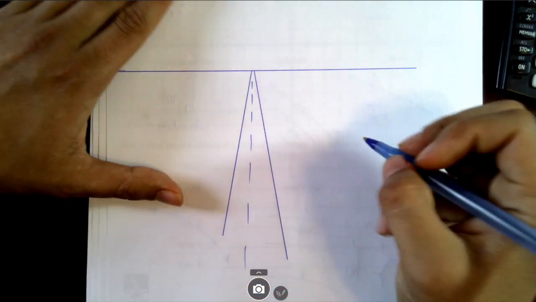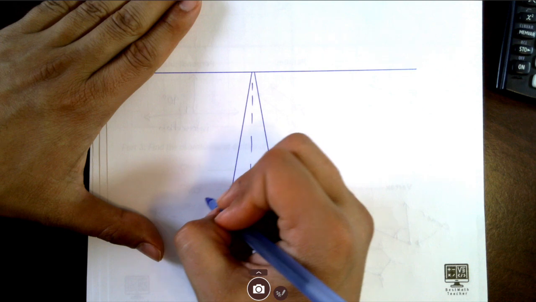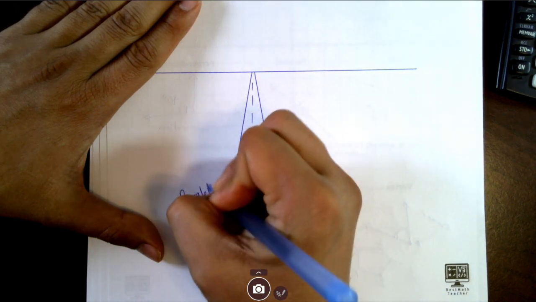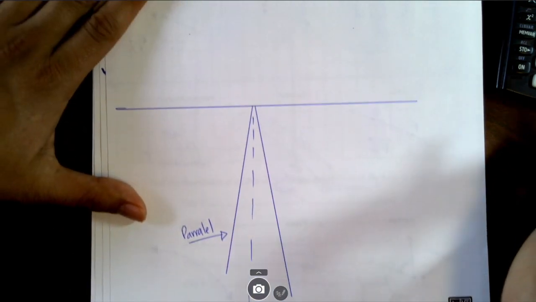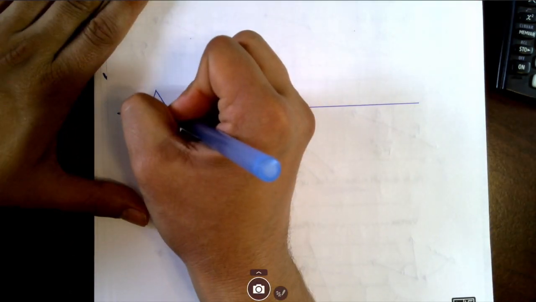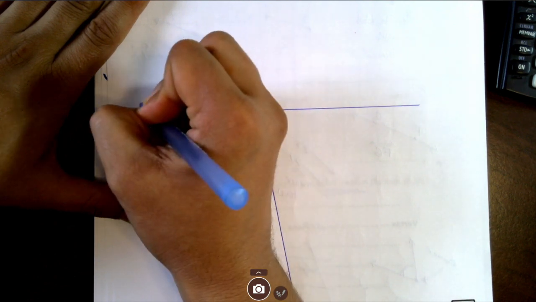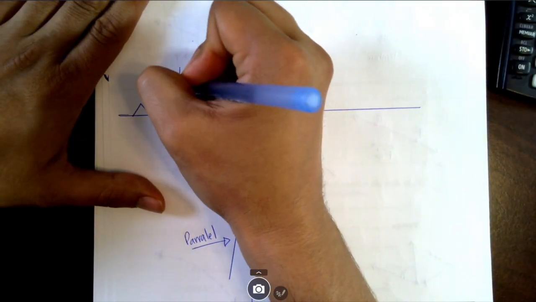So these lines, even though they look like they're going to meet, these are parallel, all right? Parallel. So that's one of my first words. Okay, I got 1 out of the 9. Then I'm going to draw some mountains. And I'm going to say that's a vertex.